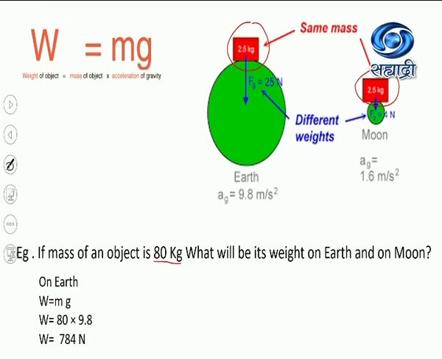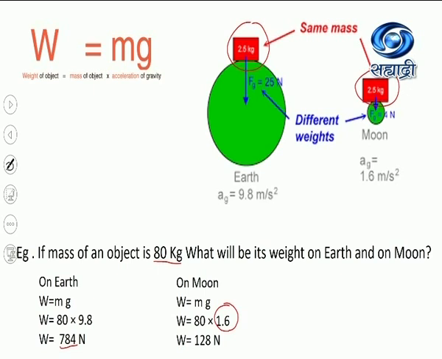So 80 into g, that is 9.8 meter per second square, the value of acceleration due to gravity on Earth. So W is equal to 784 Newton. So that much weight is there on Earth. But what will be the weight on Moon of the same mass? On Moon, acceleration due to gravity is 1.6.